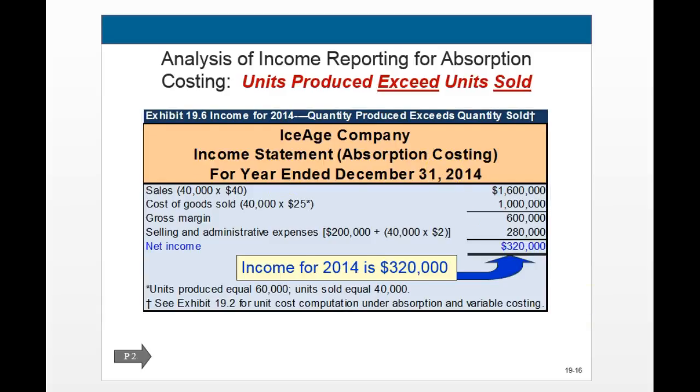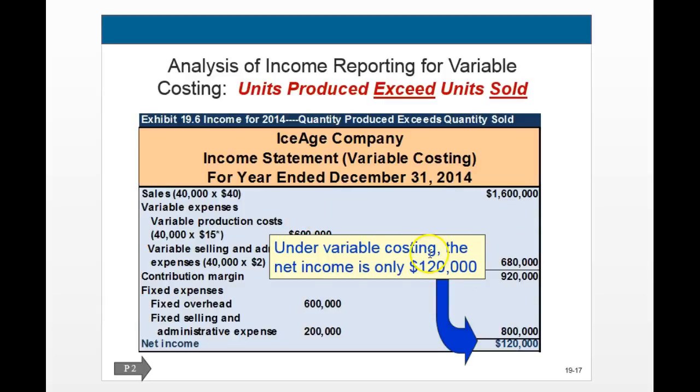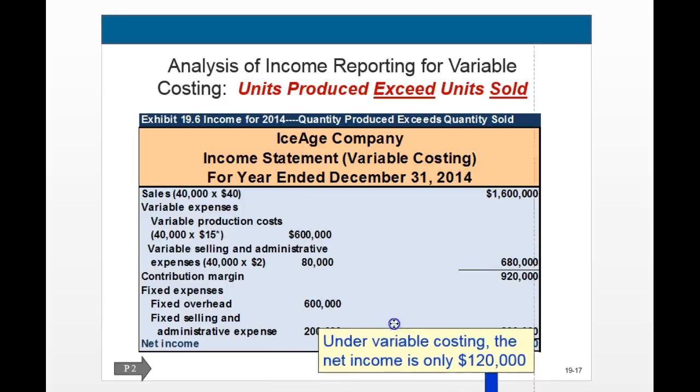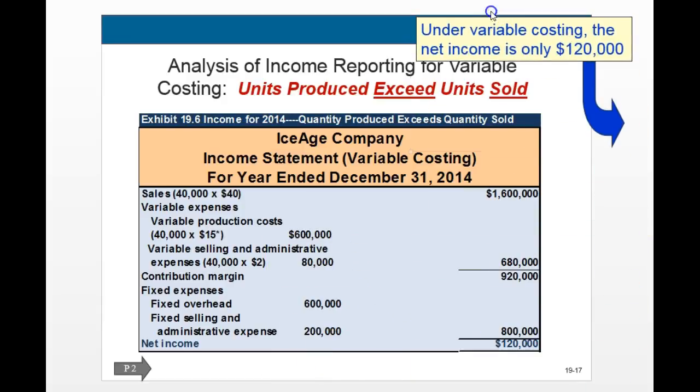Now, here's where you're going to have a difference. Under the variable cost, let's move that puppy. Move it up here. You've got the same amount of sales, but then your costs change because now I'm looking at 40,000 at $15, and that's $600,000. I'm looking at those variables that I had from selling and administrative. They've moved up, and that's $80,000.